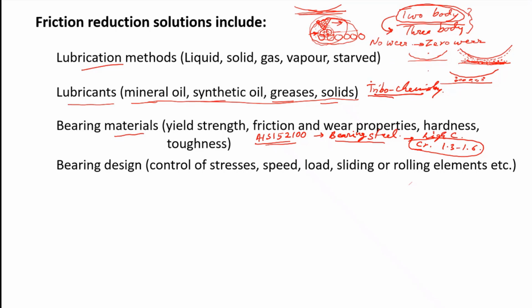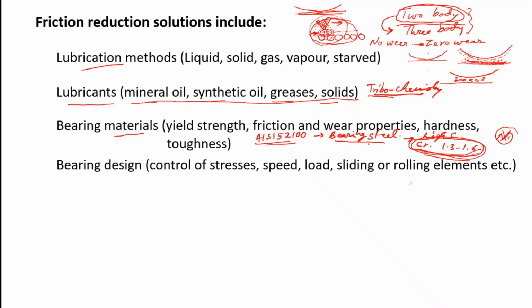So in bearing steel, you see the chromium percentage is not very high, although it is there, but not like 5-6% or something like that. You can check the chemical composition of stainless steel, and you will find that chromium and nickel are in high proportion. But it is not there in bearing steel.